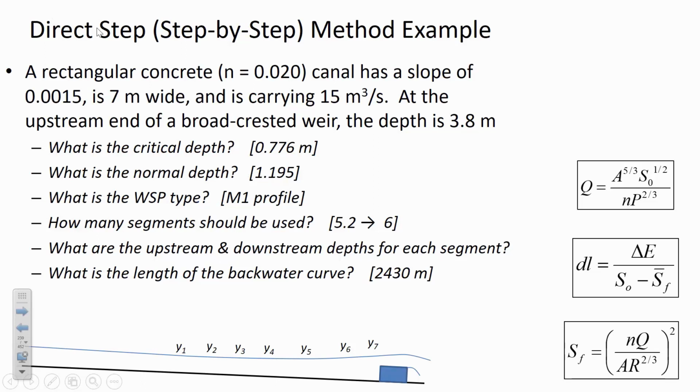Now, in the step-by-step method, we had to divide it up into segments. The rule of thumb was to not have a segment where the water surface elevation change is more than half a meter. But the more segments we divide it into, the greater the accuracy, because we're approximating the shape of this curve with a series of lines, assuming the water surface slope is linear between segments.